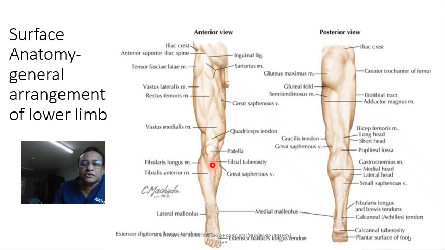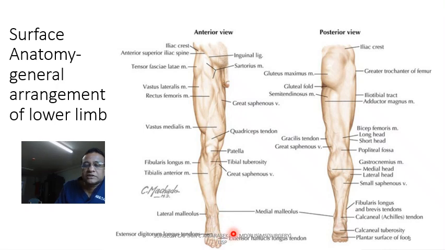It's a good landmark. You can also see the superficial veins, especially the GSV, the greater saphenous vein. On the anterolateral side of the lower limb, you can see the tibialis anterior muscle, and at the distal end you will be able to identify the lateral malleolus and the medial malleolus.